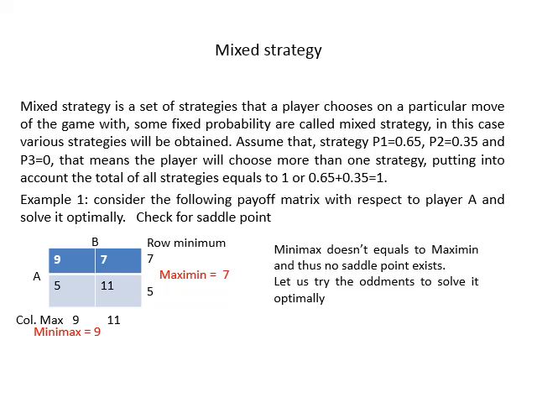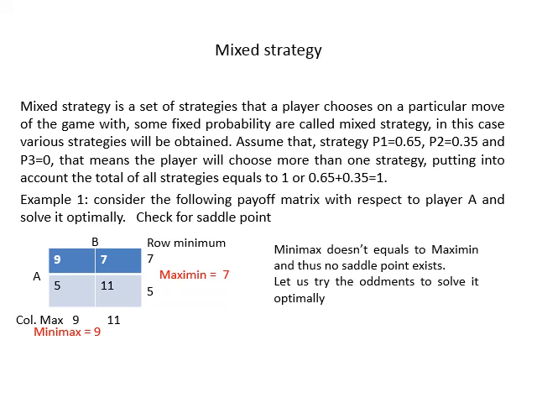Moving to the column maximum, we found that the maximum in the first column is 9 and the maximum in the second column is 11. So the minimum of these two maximums is 9.